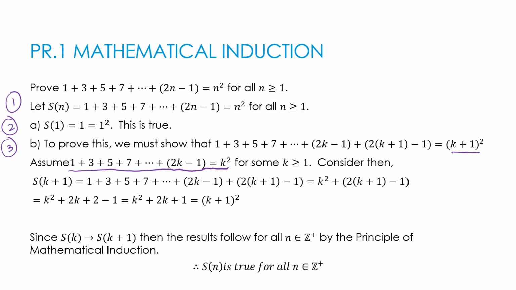Because I'm saying this is true, so if I add the same thing to each side, would I then end up with k plus 1 quantity squared? So let's take a look. S of k plus 1 would be all of the same stuff I had before, and then adding k plus 1. So using this formula or format, that would be 2 times k plus 1 minus 1.